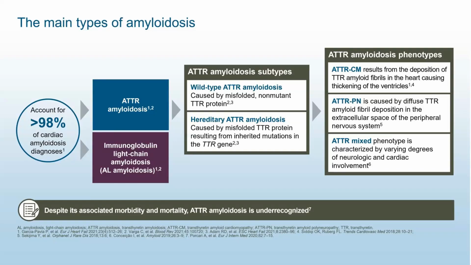I don't focus on whether the patient has a wild type or a hereditary type regarding the diagnosis and the medication, because the medication that we will discuss in the third part, which is newly available now for cardiac amyloidosis, works against both types of ATTR as a specific medication, with comparable results in both situations. But the importance here is that if you get a patient with hereditary ATTR amyloidosis, you can do a genetic study for his family to detect those individuals who are liable for this disease.